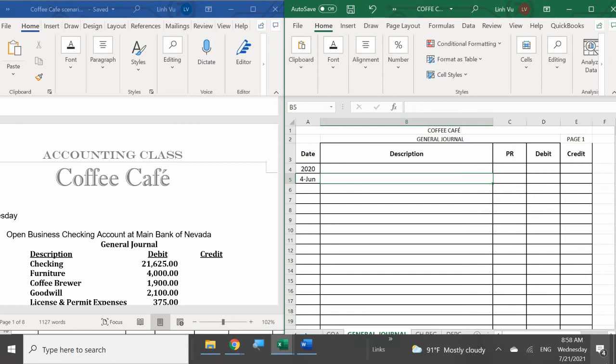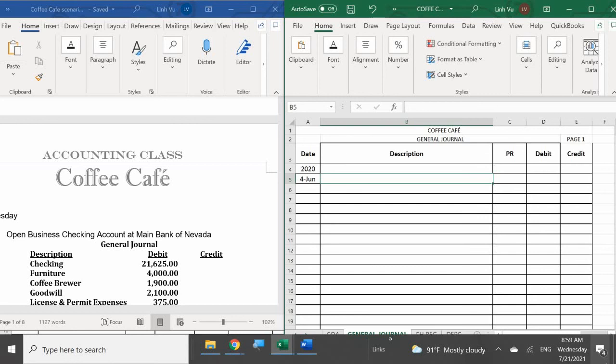In this case, I'm purchasing the actual name of the business, so in this case, it was worth $2,100. And then here we bought a coffee brewer, which is an asset. We bought furniture and we also came across some business license and permit.